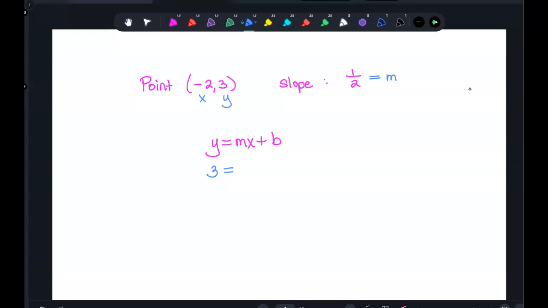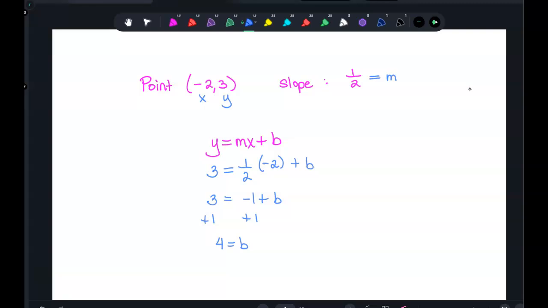We would replace the m with a half. X is -2. And then we always have that plus b because I have to figure out what b is going to equal. Now we're going to do multiplying here. You just do a half of -2, which is just -1. And then I'm going to add 1 to figure out what b is.